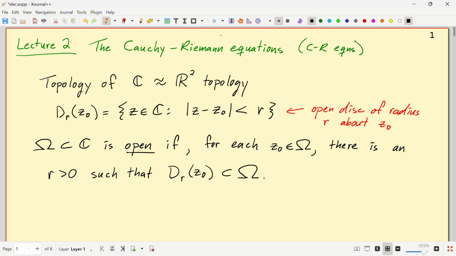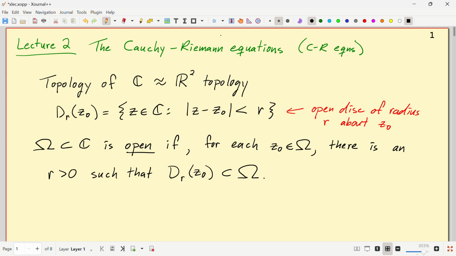And then convenient notation is that the disk of radius r about z naught, we will write it like that, it's the open disk. In the complex plane, it's the set of points z such that the modulus of z minus z naught is less than r, because the modulus is just the distance in R2 between those 2 points. That means the topology in the complex plane is described by the open disks.